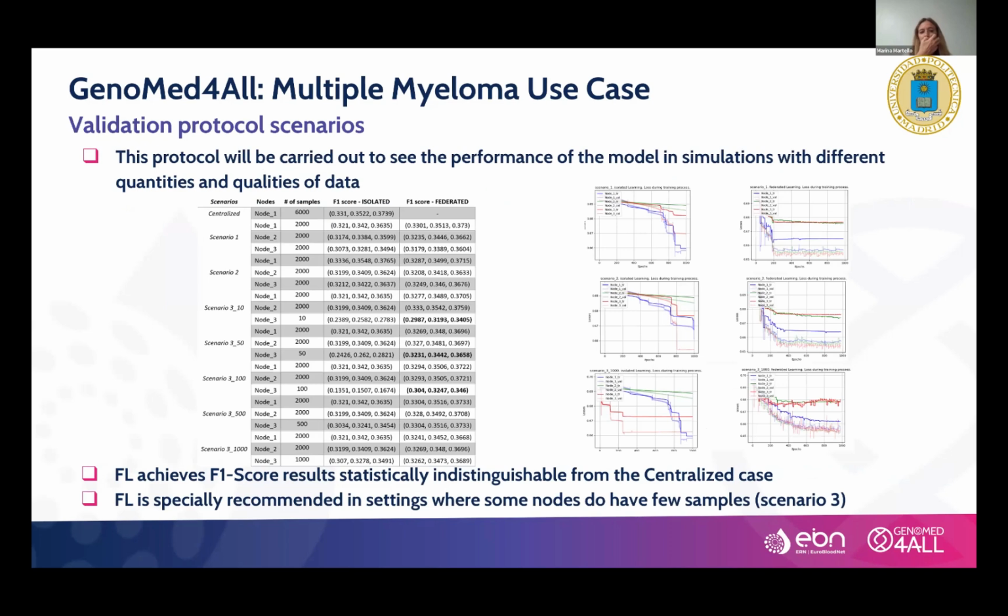In the last part of the validation of the possible scenarios produced by this model, some preliminary data have been produced, and one of the most interesting results is that federated learning in this case can be especially recommended in settings where some data might be missing.